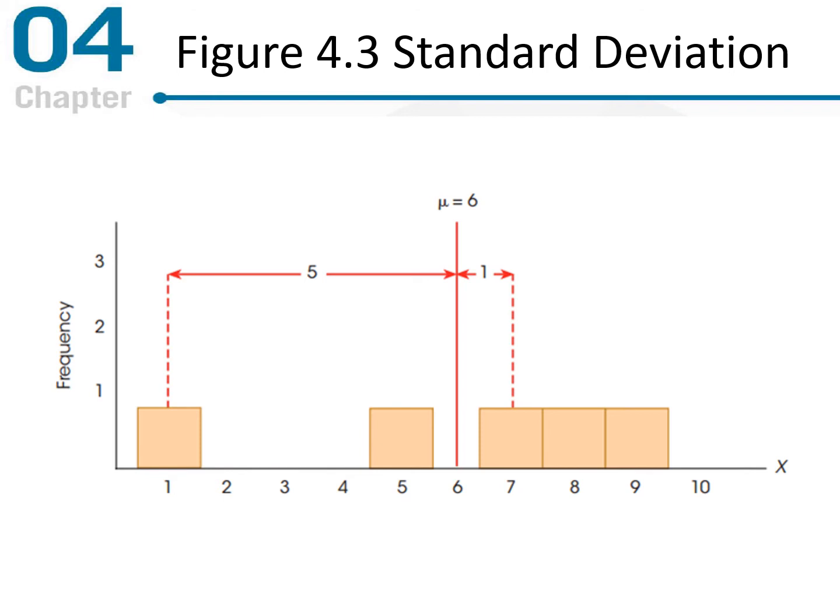In this situation, you can actually calculate it. You find the deviation scores: 1 minus 6 squared, 5 minus 6 squared, 7 minus 6 squared, 8 minus 6 squared, and 9 minus 6 squared. Then you add up all those squared deviation scores and divide by 5, and that will give you the variance. You can do that on your own. It's simple enough because you're dealing with whole numbers here.